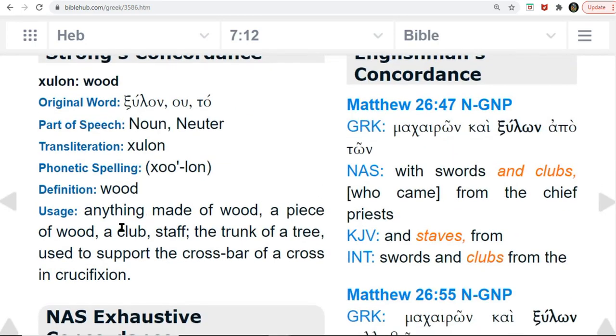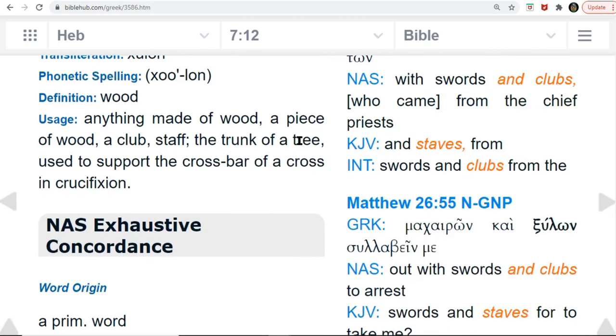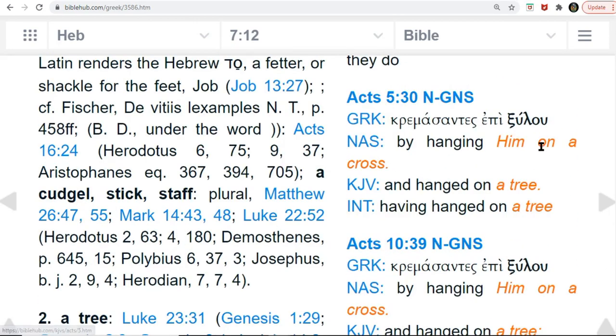It's always wood, something made of wood, a piece of wood, and then the trunk of a tree, but not the tree. Used to support the crossbar of a cross in crucifixion. And that's the Zulon. And then you see the Zulu over here, him on a cross, by hanging him on a cross. It's the one that goes across.